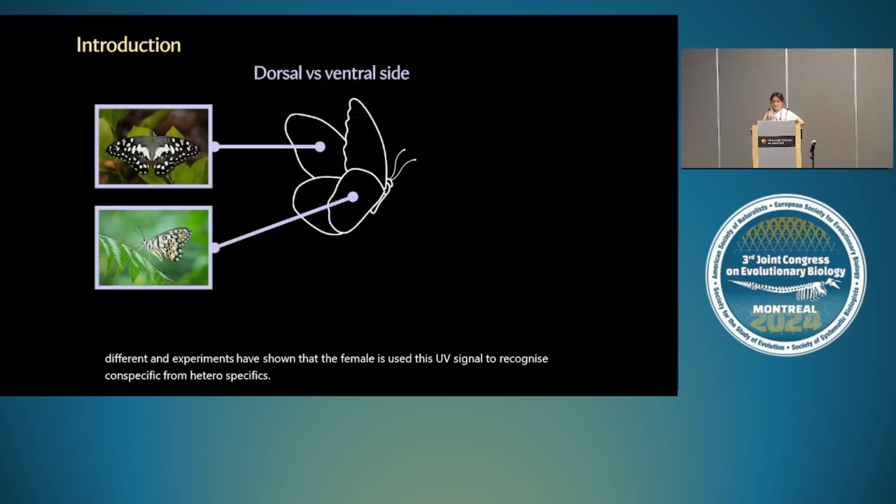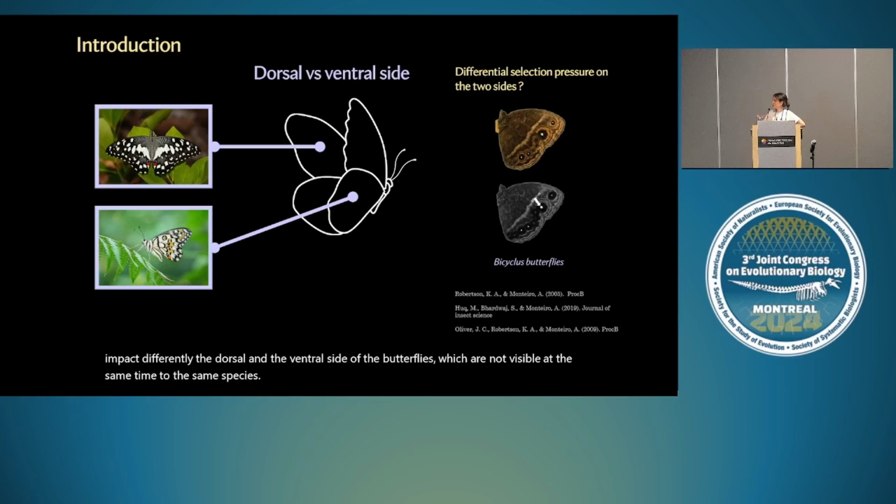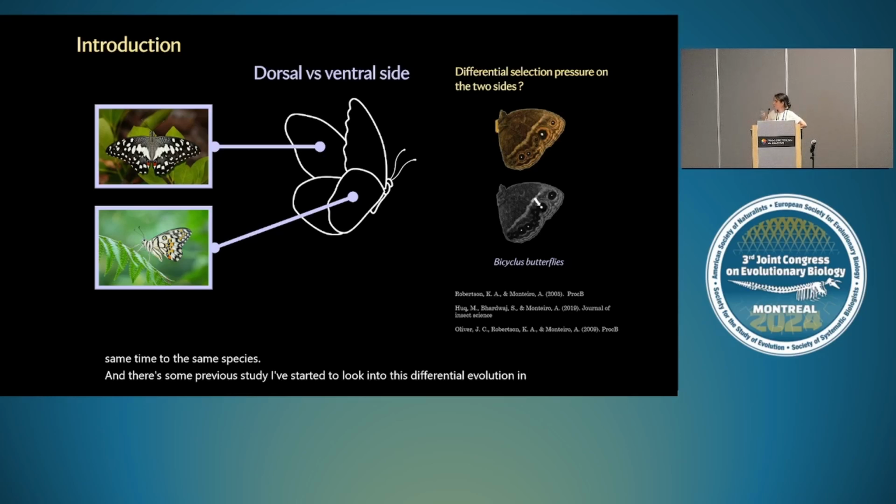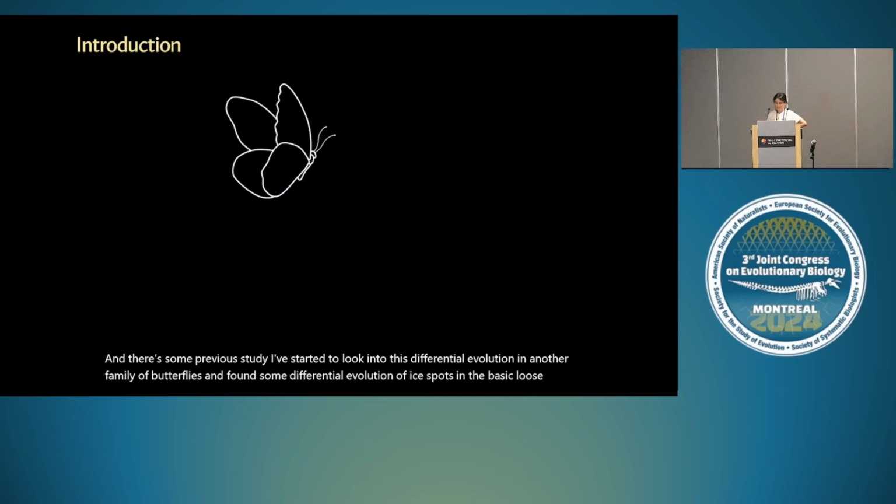So it's likely that this balance of natural selection by predators and sexual selection will impact differently the dorsal and the ventral side of the butterflies, which are not visible at the same time to the same species. Some previous studies have started to look into this differential evolution in another family of butterflies and found some differential evolution of eyespots in the Bicyclus family.